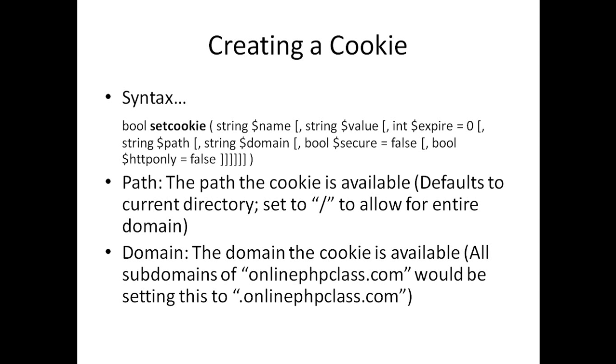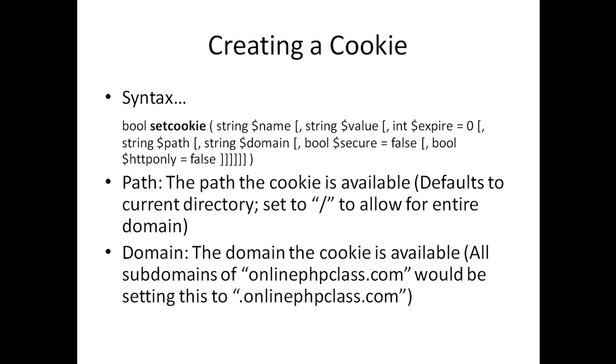Okay, so if I had onlinephpclass.com/members, the default of the path would be members, and the cookie would only work for requests within that members directory. If you want the cookie to be available to the top level onlinephpclass.com, you would set path equal to slash.